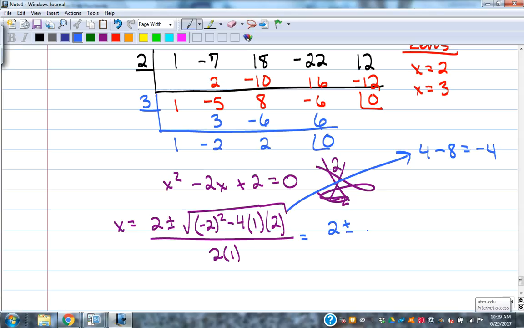We thought we probably had a couple of complex solutions here. So that's 2 plus or minus the square root of negative 4 over 2. What is the square root of negative 4? 2i. What do we know about 2, 2, and 2? They're all divisible by 2. So that ends up being 1 plus or minus 1i.